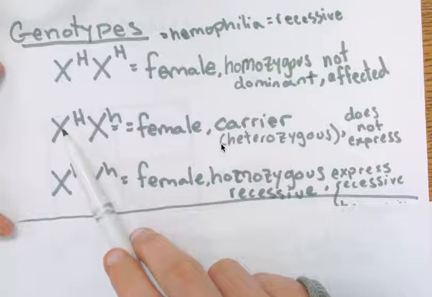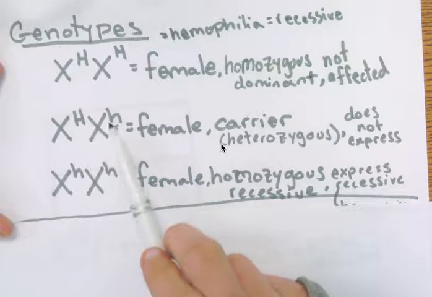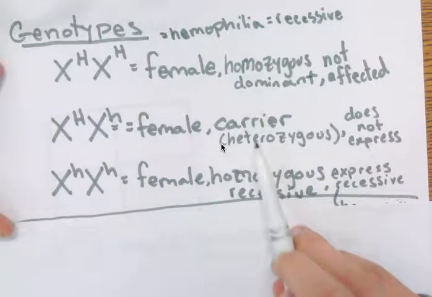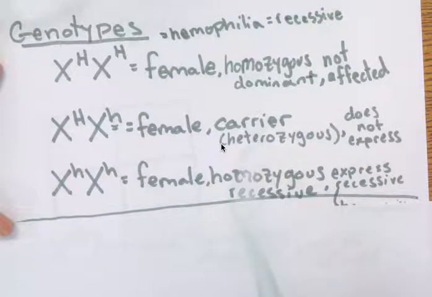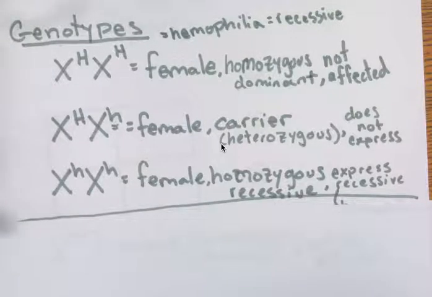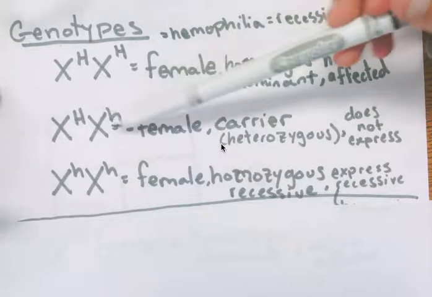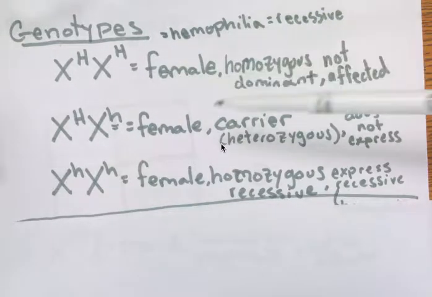You could also be, if you're a female, X big H X little h. She is heterozygous, and that has a special name with the X-linked trait. She is a carrier. And a carrier does not express the disorder, in this case hemophilia, but she can donate one of these recessive alleles to her offspring, but she would not express it herself.